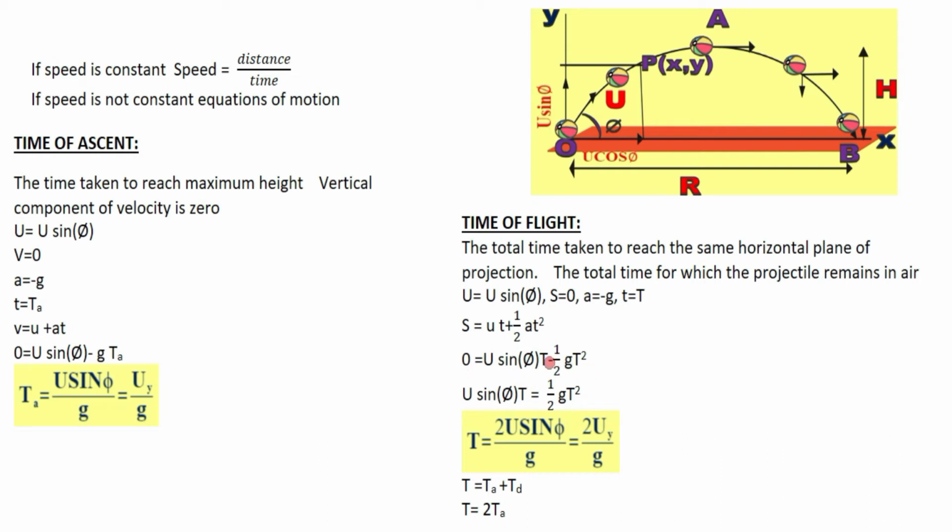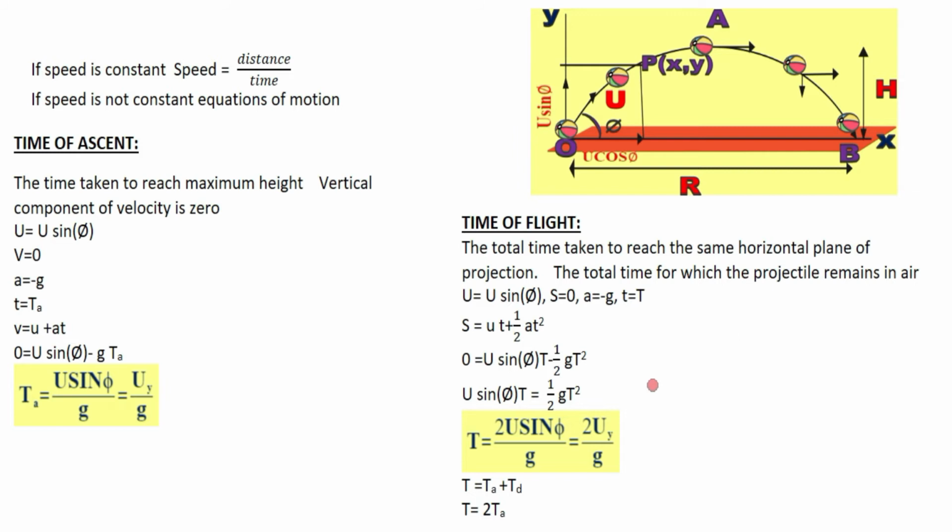If I take u sin phi into T to the left-hand side, I get u sin phi into T equals half g t square. One T gets cancelled, and with some mathematical calculation I get the expression for time of flight, T is equal to 2u sin phi by g. Or the other way of expressing this formula is T equals 2 into the initial vertical component of velocity, that is uy, by g. Okay, so this is one way of deriving the time of flight.